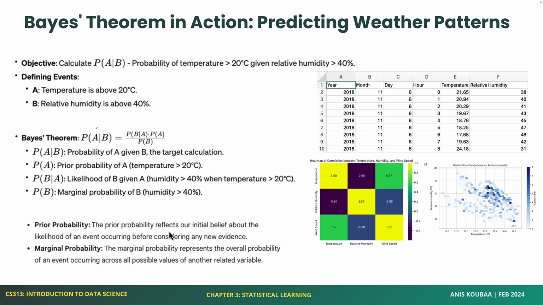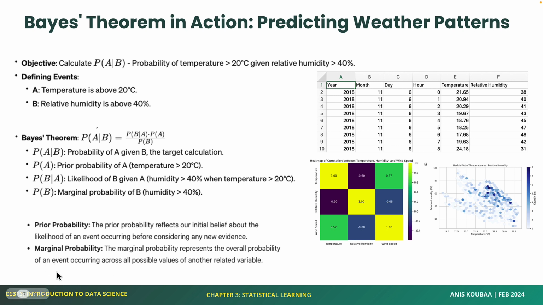So the prior probability reflects our initial belief. What is our initial belief about the temperature greater than 0, of an event occurring before considering any new evidence. First, we're going to fix all the values greater than C, and then we will filter with respect to the humidity. Okay. And this is why we call it the marginal probability.